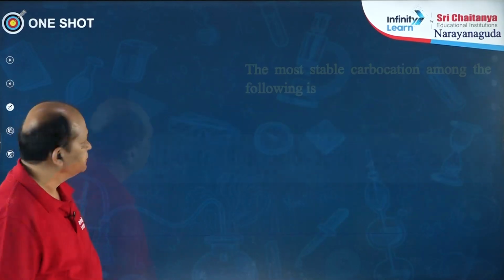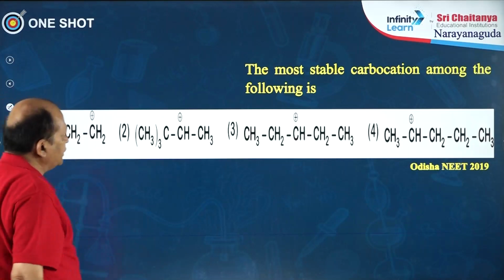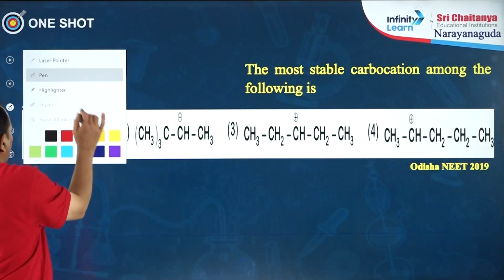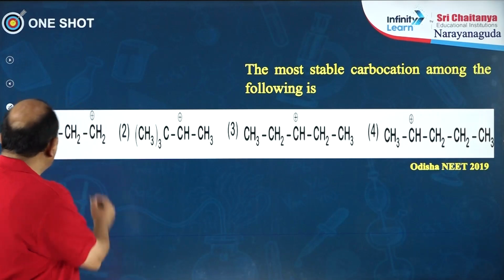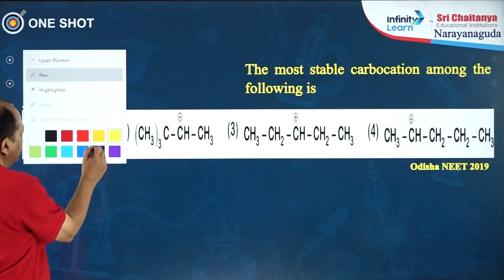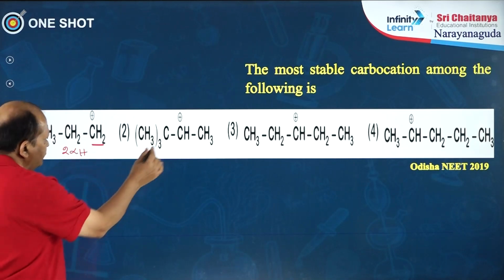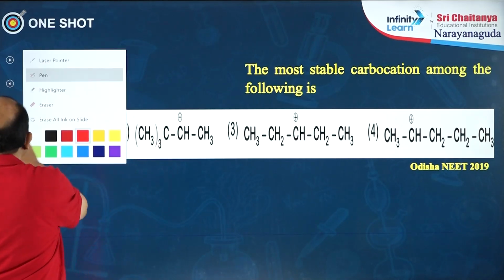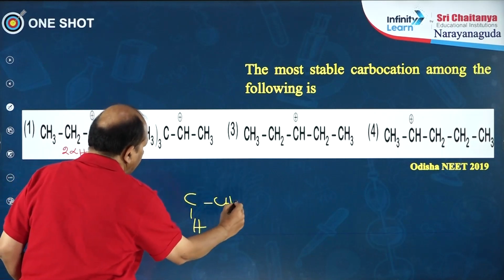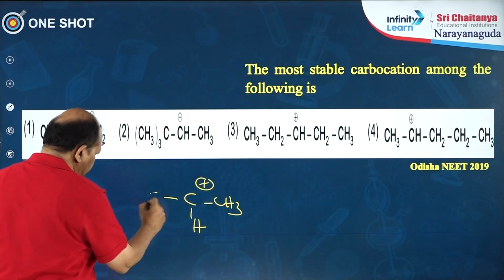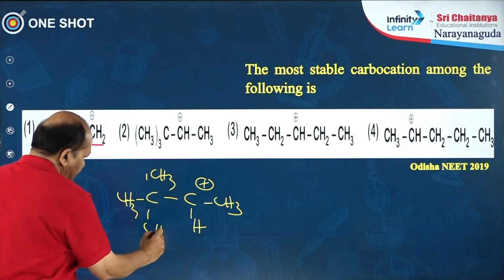The next question is, he gave 4 carbocations and is asking us to find out the more stable carbocation among the given carbocations. Here this is the carbocation having 2 alpha hydrogens, and in this case you can draw the structure CH3 plus C CH3 CH3 CH3.